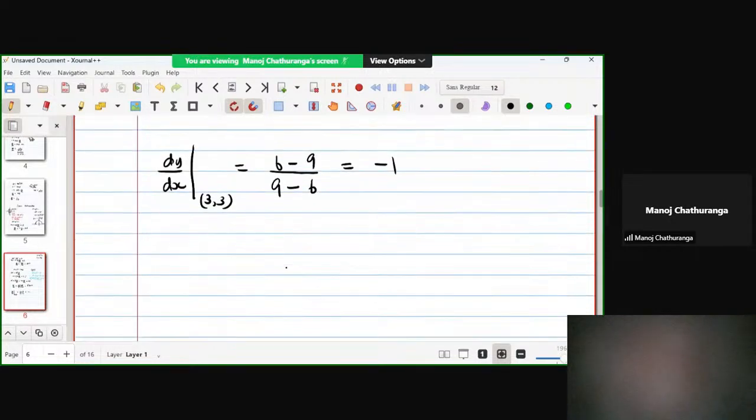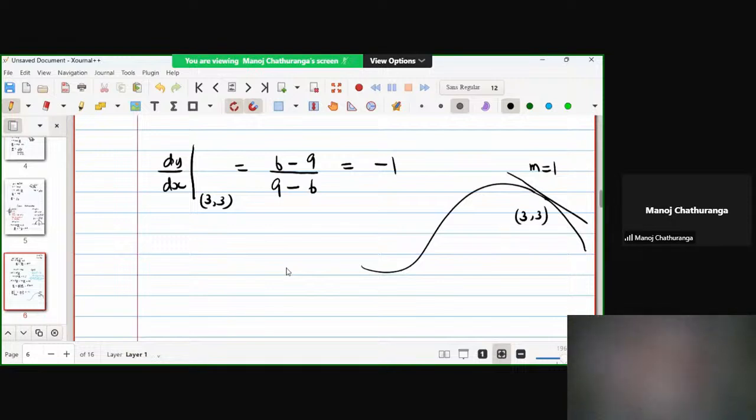So we don't know the shape of the graph. It may be something like this. We know the slope of the tangent. The slope of the tangent line is negative 1 and it passes through the point (3, 3).